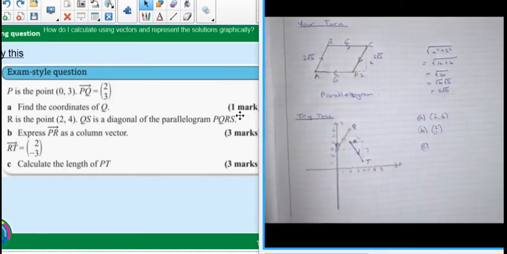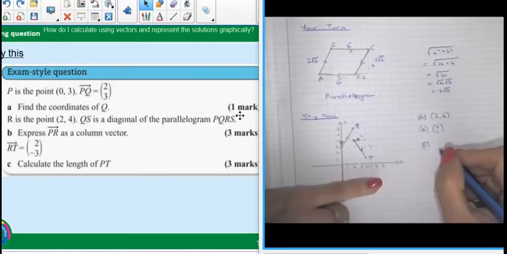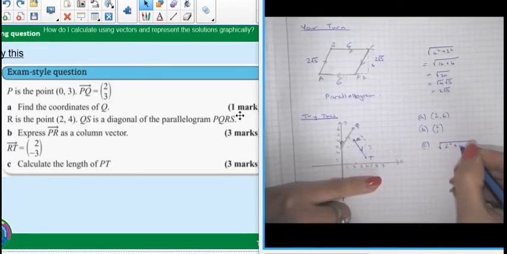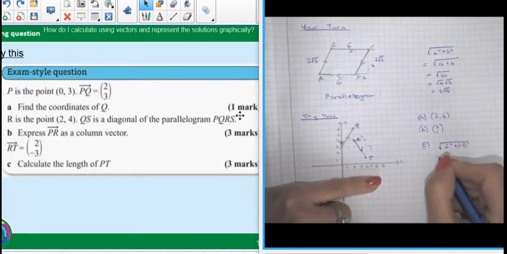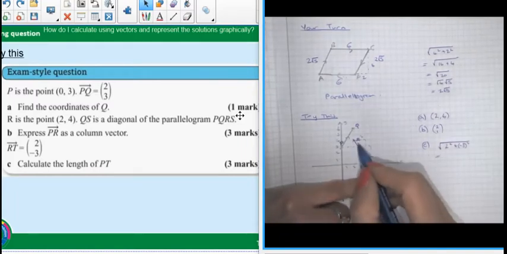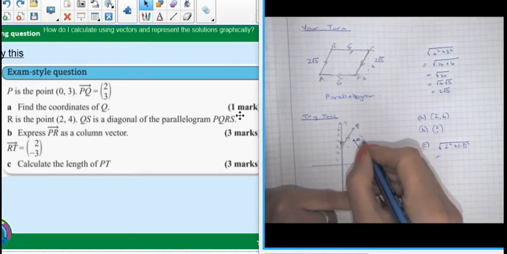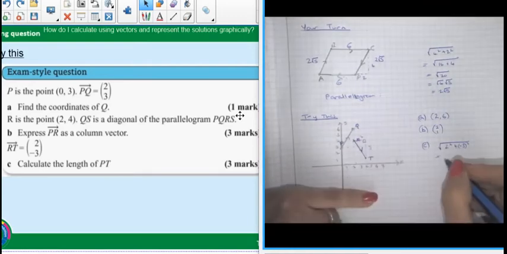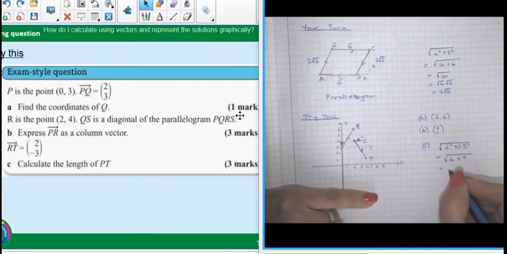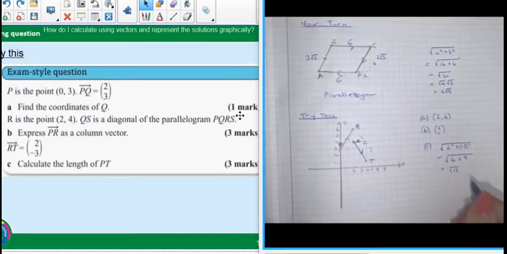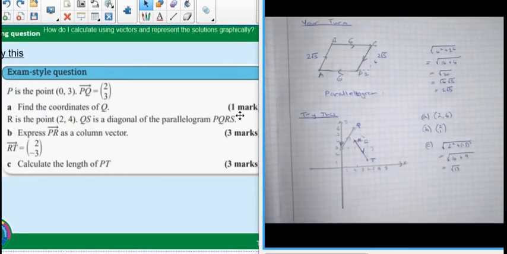If the vector is (2, -3), we use Pythagoras and we say 2 squared plus negative 3 squared, square rooted, which will give us this length here because it forms a right angle triangle. So that's the square root of 4 plus 9, which is root 13.